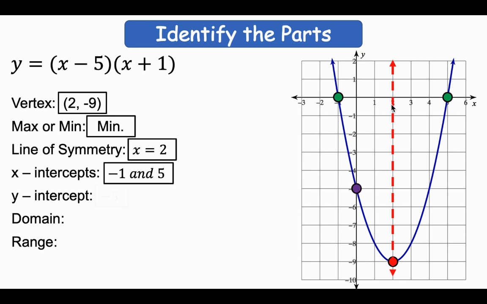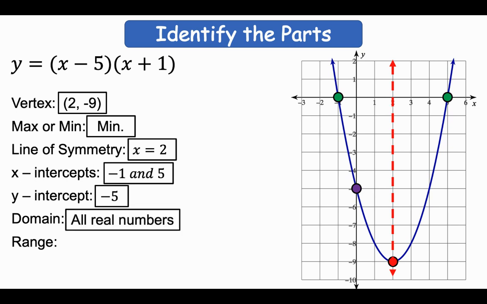Should be right there. Domain, that's side to side. That's always going to be all real numbers. And then your range, again, this is the lowest point, so everything is above there, so y is greater than or equal to -9. This sign will flip to less than if it's upside down, but this is not upside down, so don't worry about it at this point.